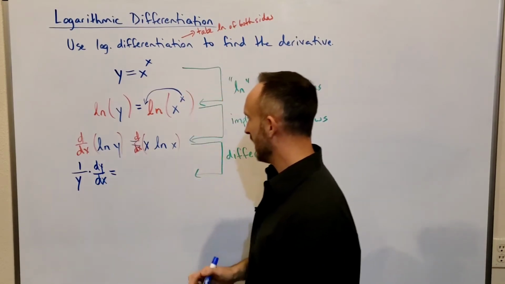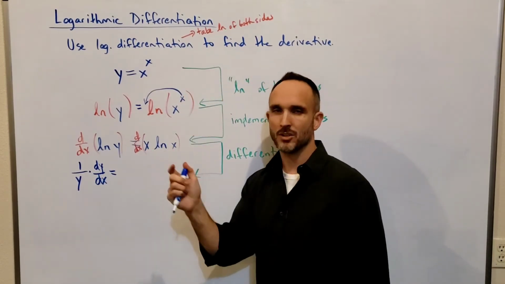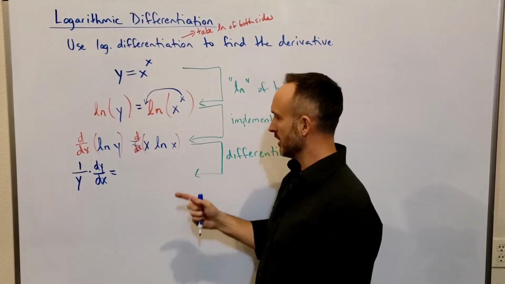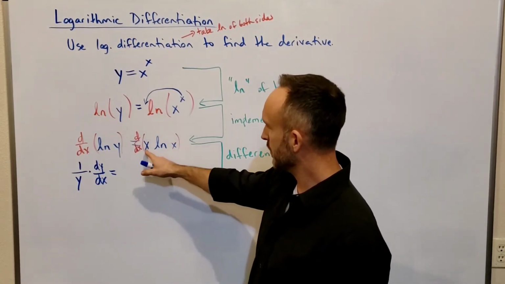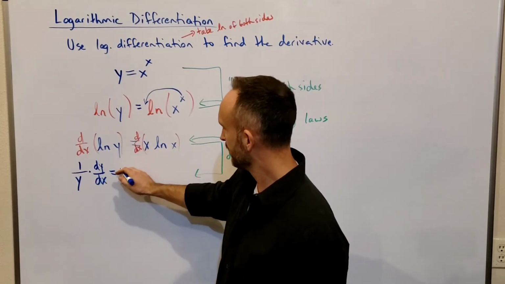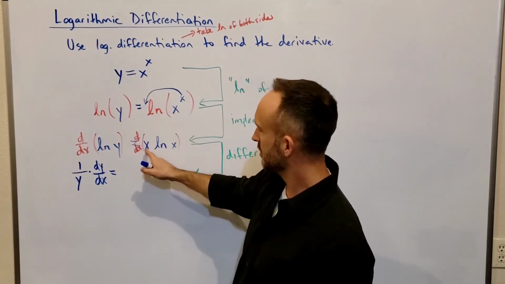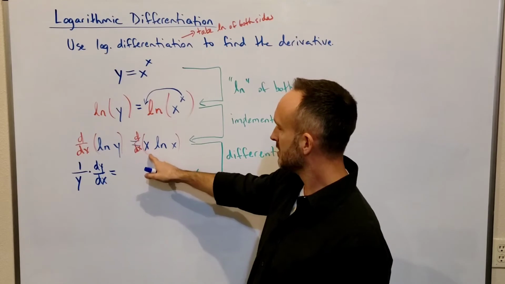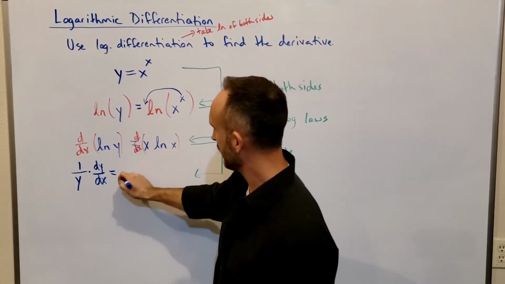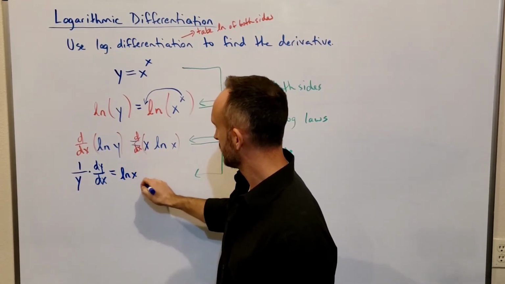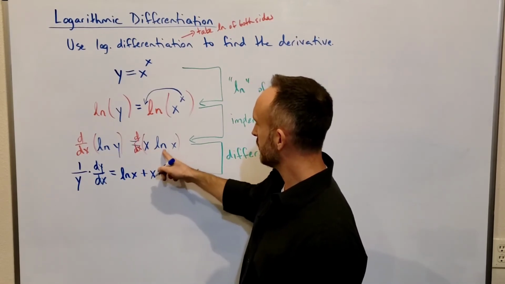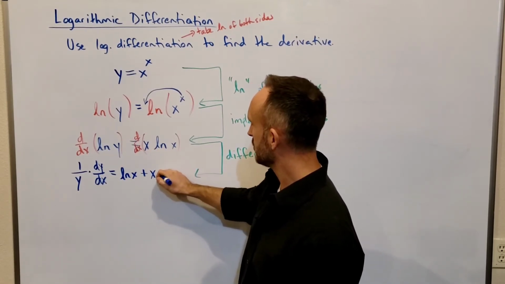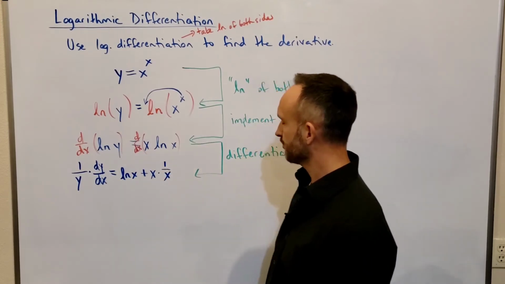On the right side, it's all a function of x, so no chain rule here, luckily, but we do have a product, so we have to use the product rule. The derivative of x is 1, times the second function, natural log of x, plus the first function, x, times the derivative of the natural log function, which is 1 over x.